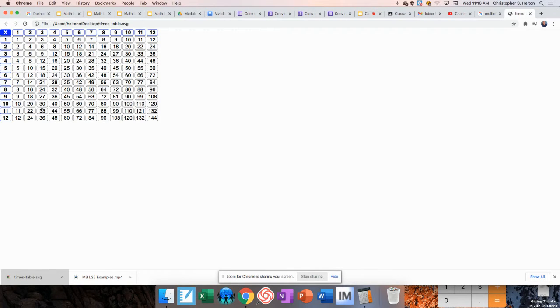Well, there's no 54s, but it stops at 36. So let's look at this chart and see if we see any 54s anywhere. You help me look as I go through here. I'm going to go down each row looking for a 54. Oh, there's one. 9 times 6 is 54.